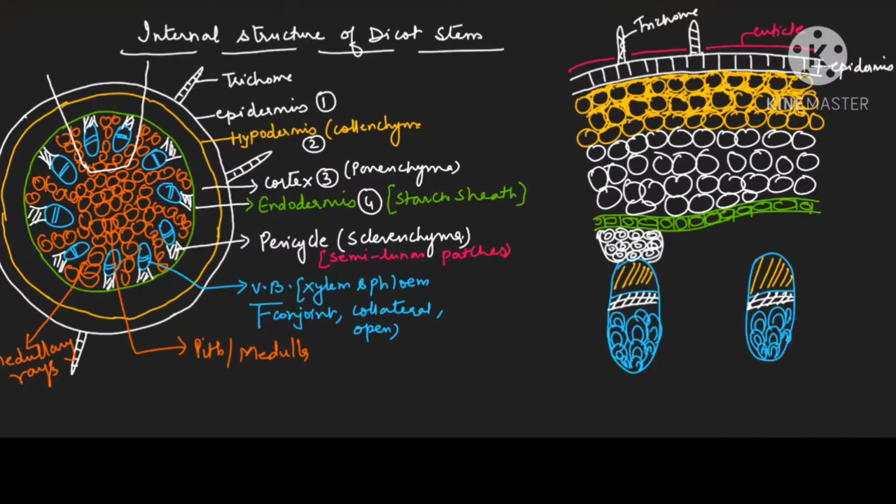Double wall indicates the cell is dead. Because of the lignin deposition in the secondary wall, the center has nothing left. We say lumen is there. And now we have to fill the remaining area with these medullary ray cells, which are again parenchymatous.